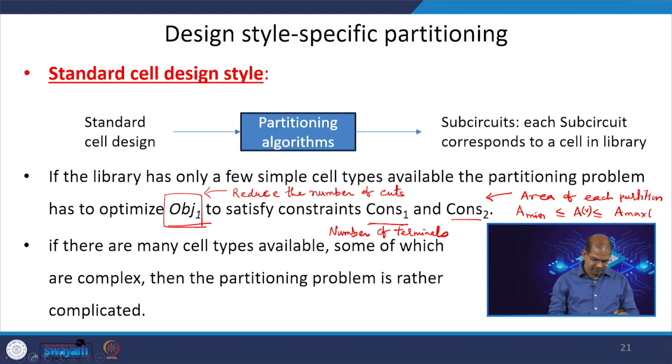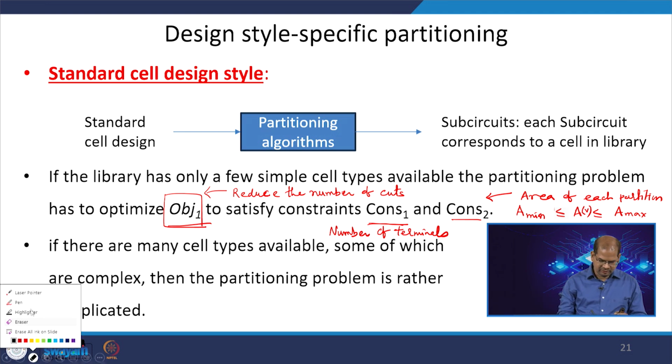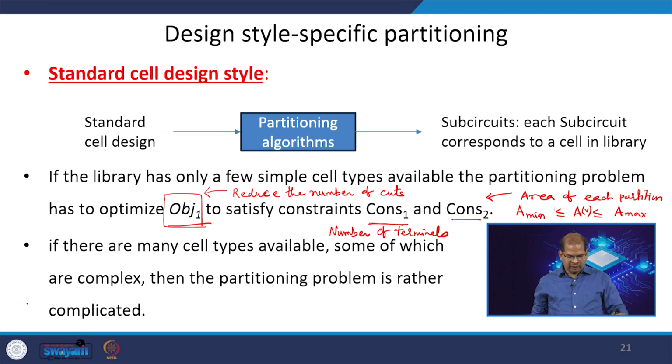The area min and area max will be given by the designer when we create the partition. If your library has many different types of cells, some of which may be complex, then the partitioning problem will be a little bit complicated, because different cells have different areas. So, if complex gates are there, your partitioning problem will be more complicated.